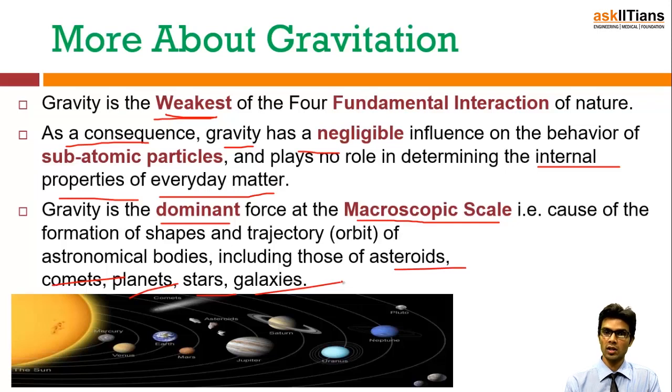Mass is smaller means force is smaller. If mass is bigger, then force will be higher. So F is directly proportional to m. That's why gravity is the dominant force at the macroscopic scale and has negligible influence on smaller particles like subatomic particles.